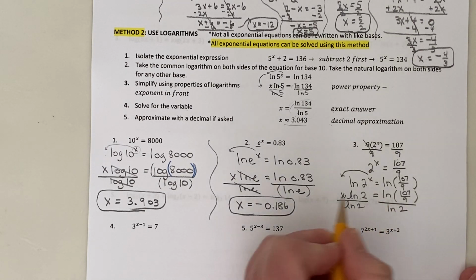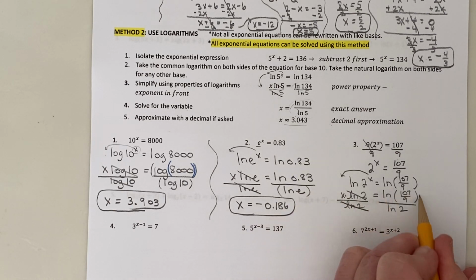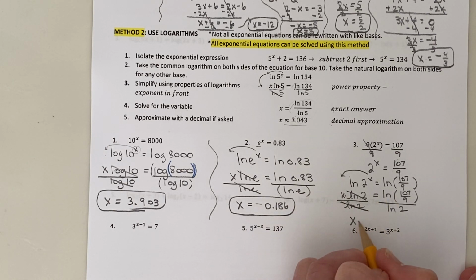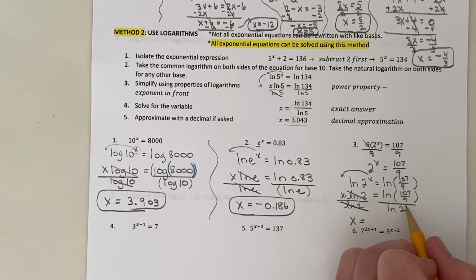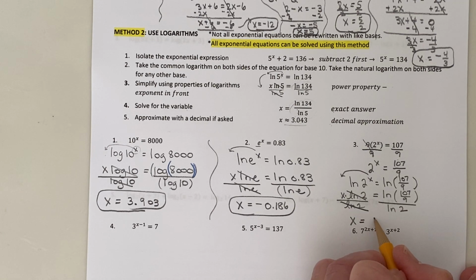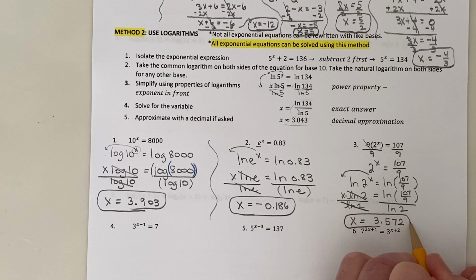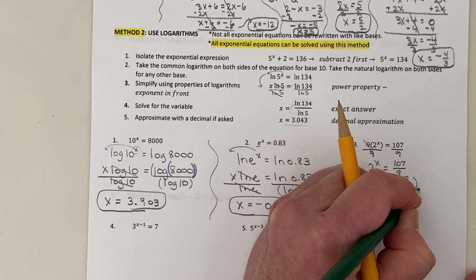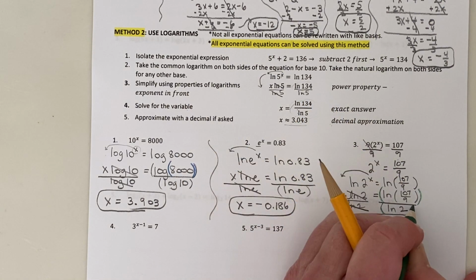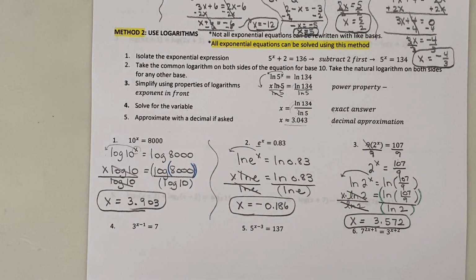Divide out. This is pretty cumbersome, so be careful on your calculator. You could find this value first if you wanted, and then divide by ln of 2. But this is your target decimal approximation. Okay, so if I'm doing this on the calculator, I'd probably do another open parenthesis and closed parenthesis here, and an open and a closed here as well.